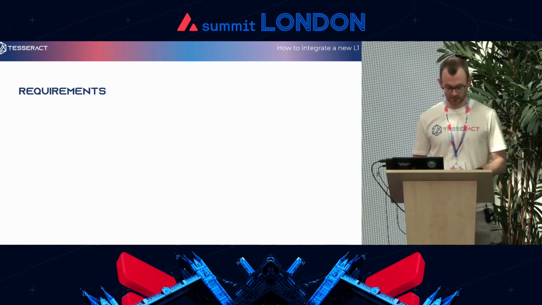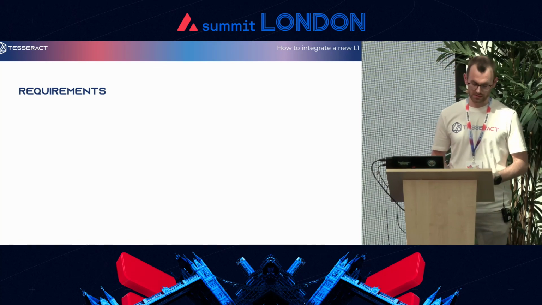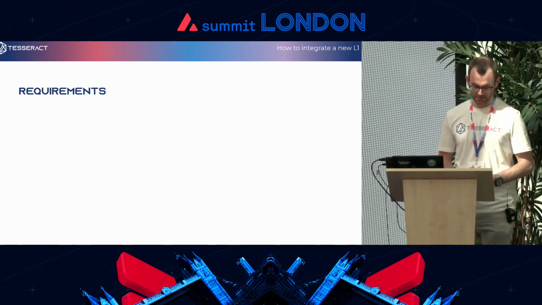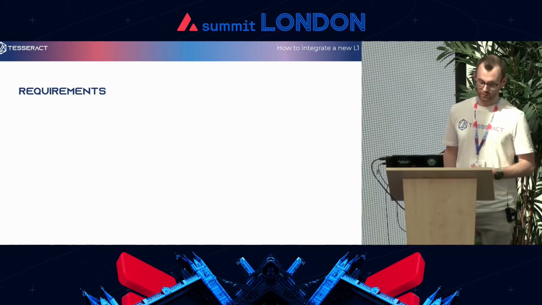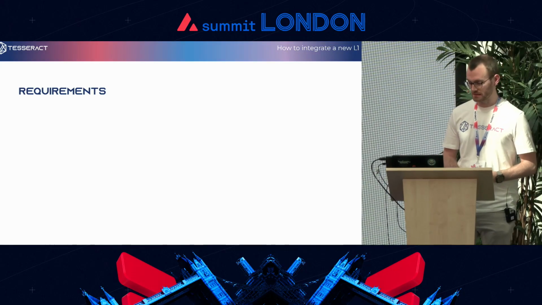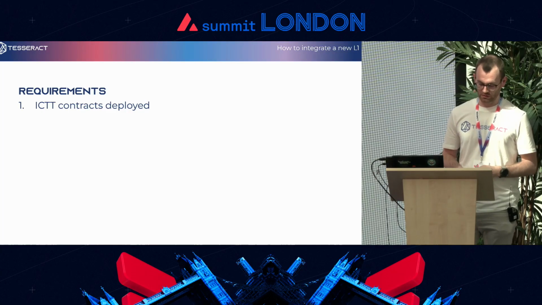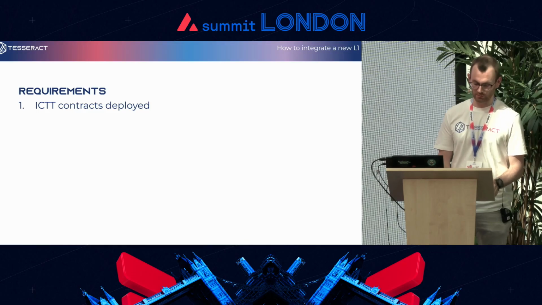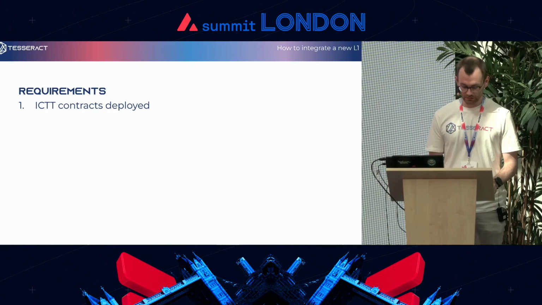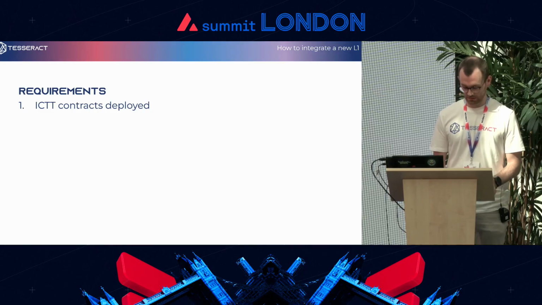The next and perhaps most important thing I want to talk about is the process to get a new L1 integrated with Tesseract. The first requirement is that you're using ICTT or plan to use ICTT for transferring your token or tokens across Avalanche L1s. The official Avalanche docs for setting up these contracts are very thorough, but we'd also be able to help with this if needed.